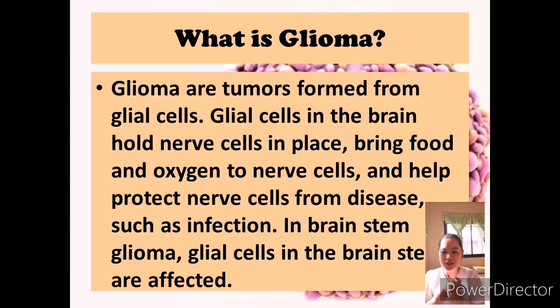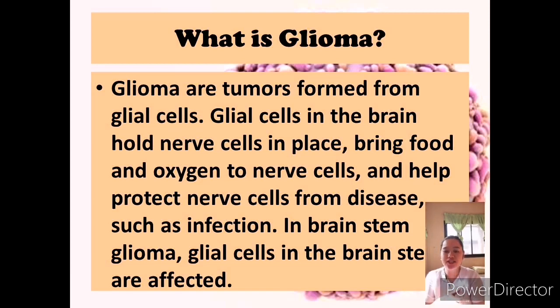We're now going to proceed to the definition of glioma. So what is glioma? Gliomas are tumors formed from the glial cells. Glial cells in the brain hold nerve cells in place, bring food and oxygen to nerve cells, and help protect nerve cells from disease, such as infection. In brainstem glioma, glial cells in the brainstem are affected.